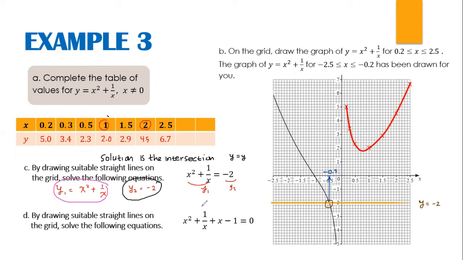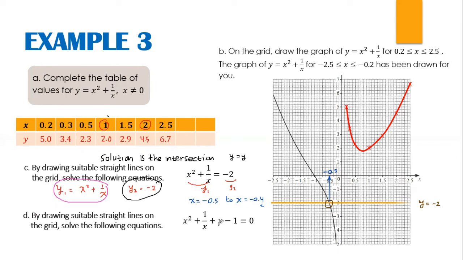So the answer is x equals minus 0.5 to x equals minus 0.4. That's the answer. Is it clear to everyone? That's an approximation. So if you find the answer is x equals minus 0.43, that's possible.